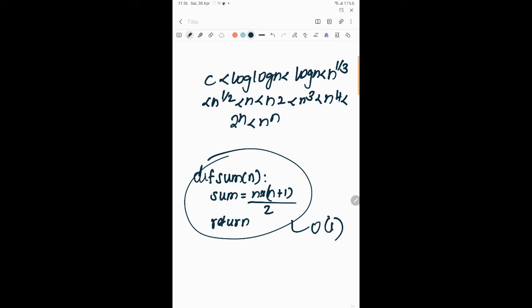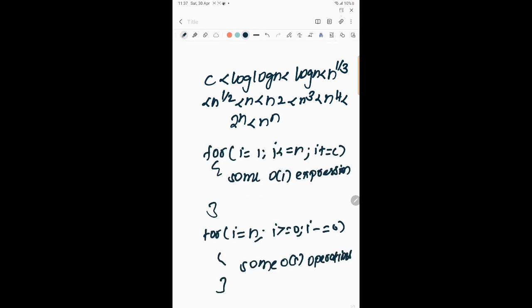Let me now give some examples for constant operations and log of log n. Here are examples of functions taking O of 1. We have a counter variable i moving from 1 to n, and we add a positive constant to the counter variable in all iterations.